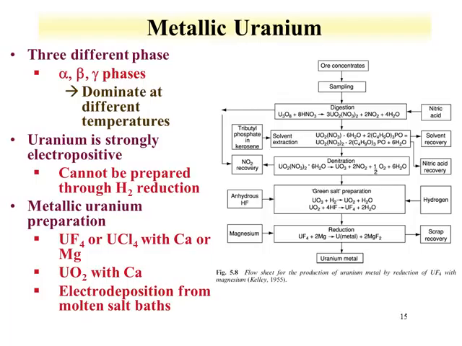As we already discussed, if I want to make uranium dioxide, I can take higher oxides, treat them with hydrogen under heated conditions, and make UO2, so that's uranium-4. But the hydrogen will not drive uranium down to the metal. So that means to prepare uranium metal, I have to use a different route.